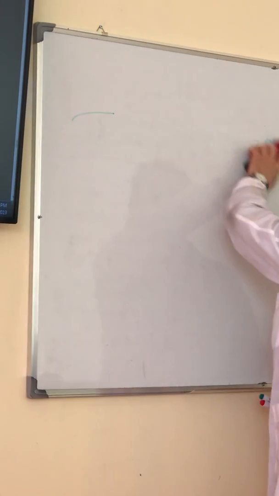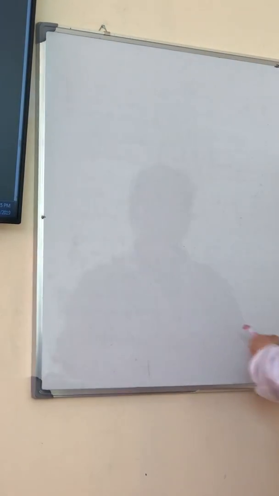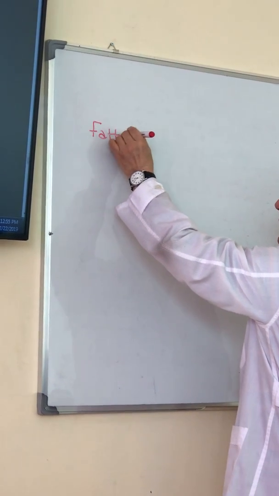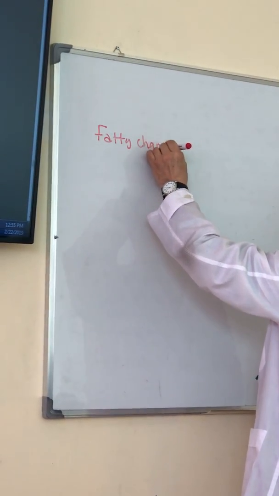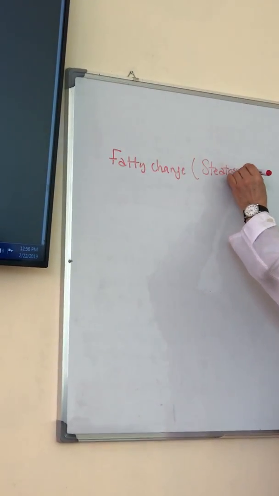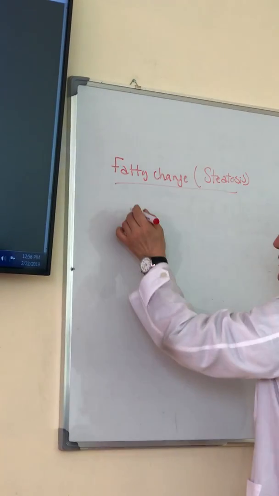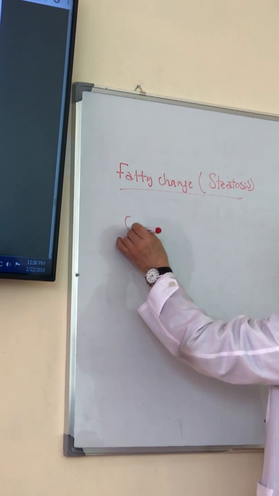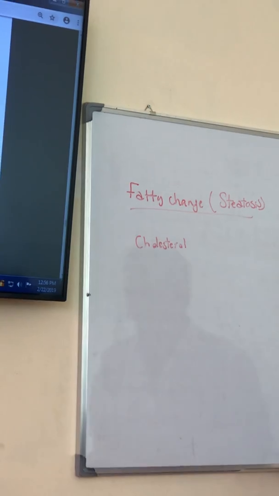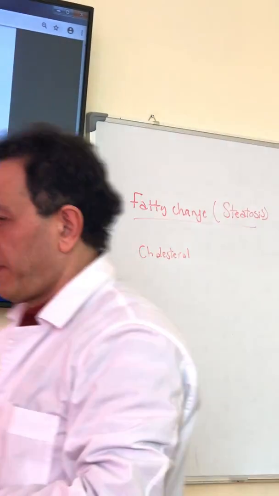So lipids can be triglycerides that can cause fatty change or steatosis. This is due to accumulation of triglycerides. But cholesterol can also be accumulated, and also cholesterol ester.